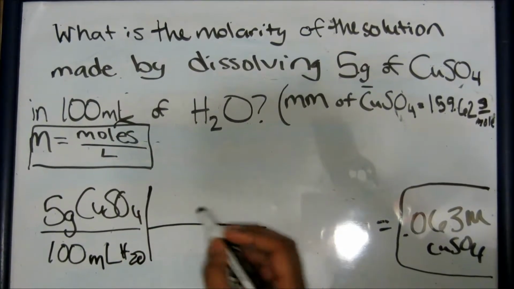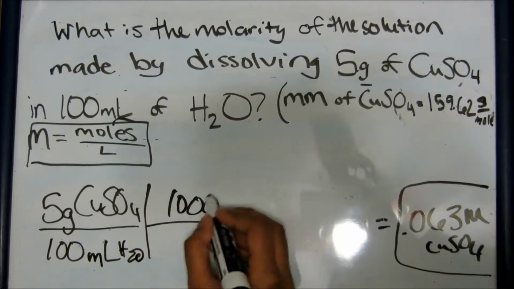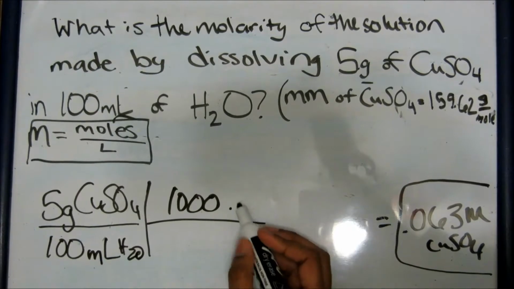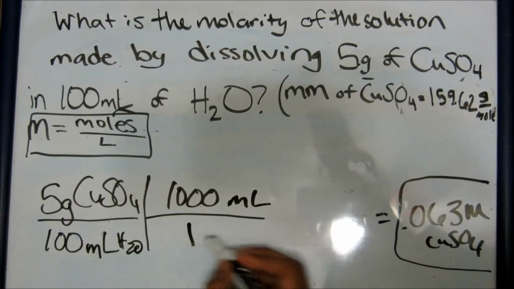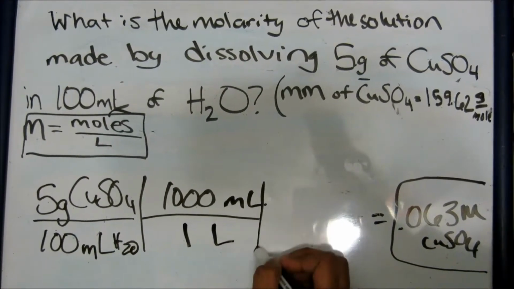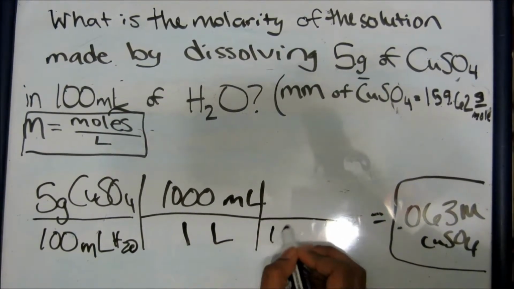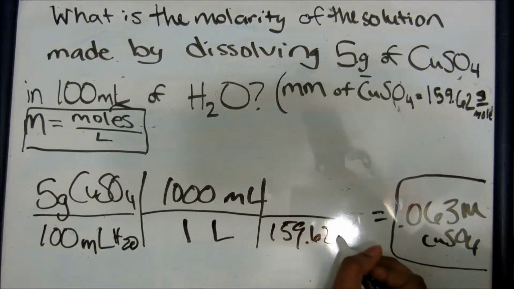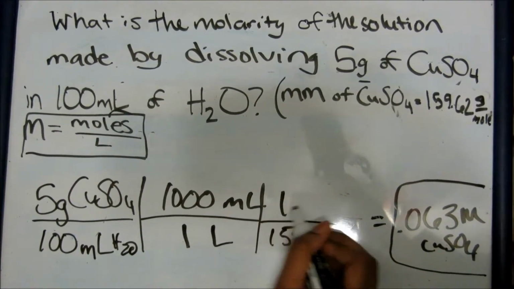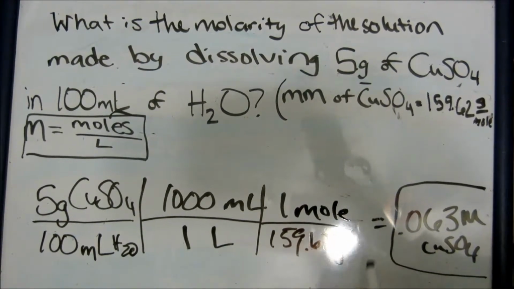We know that there is 1,000 milliliters in 1 liter and 159.62 grams of copper 2 sulfate in 1 mole.